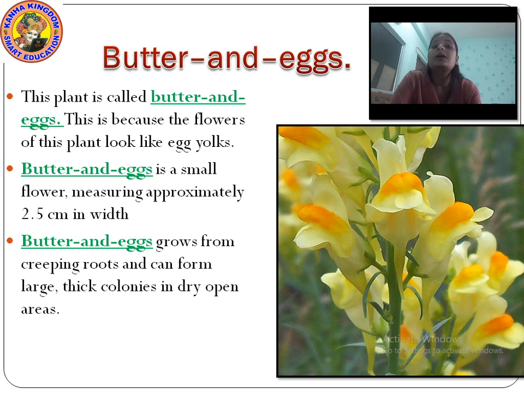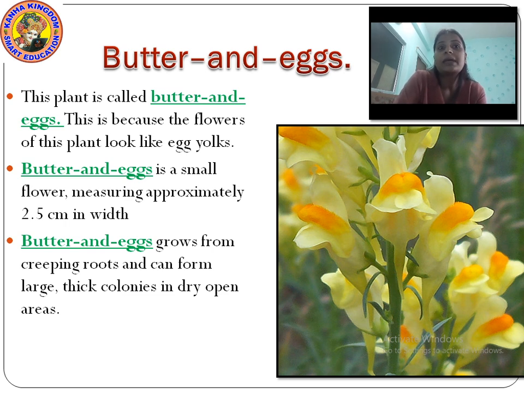Large thick colonies mean it can spread and grow.